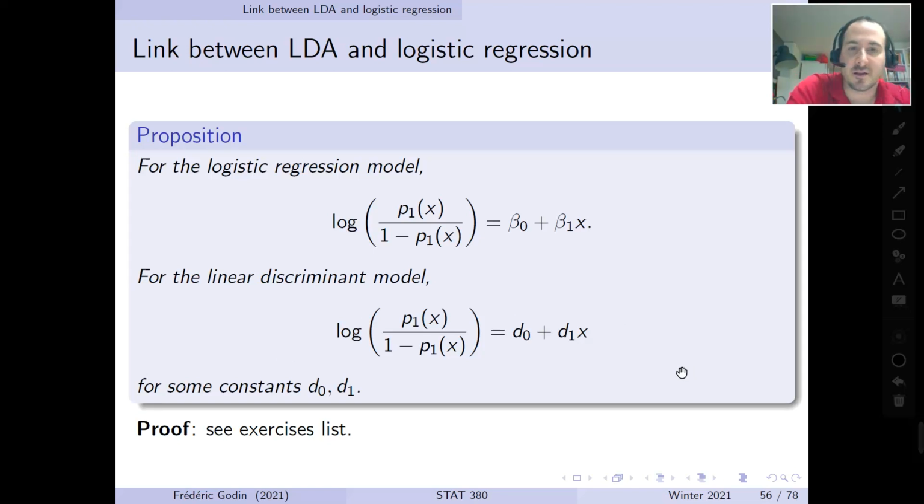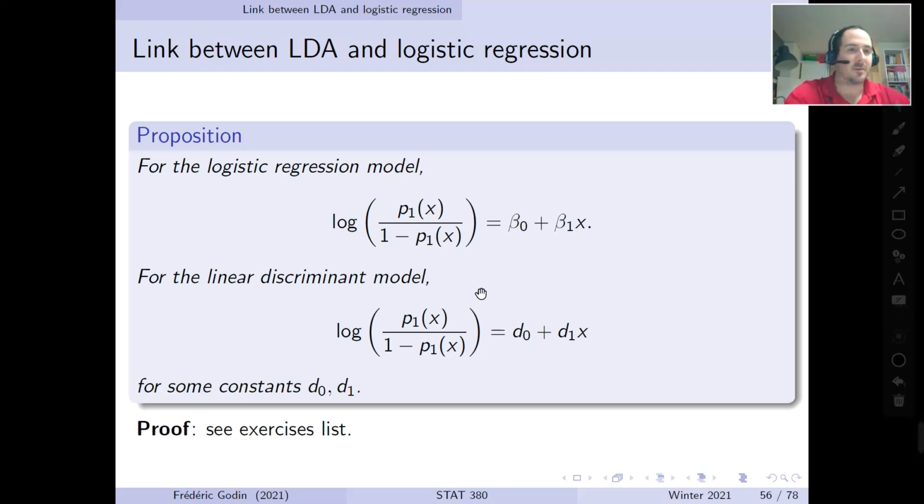For logistic regression, this expression is called the logit of p1, the logit of the estimated probability of being in the first class given your univariate predictor x. It can be shown to be beta 0 plus beta 1 x, where the betas are the ones directly obtained from the GLM model.